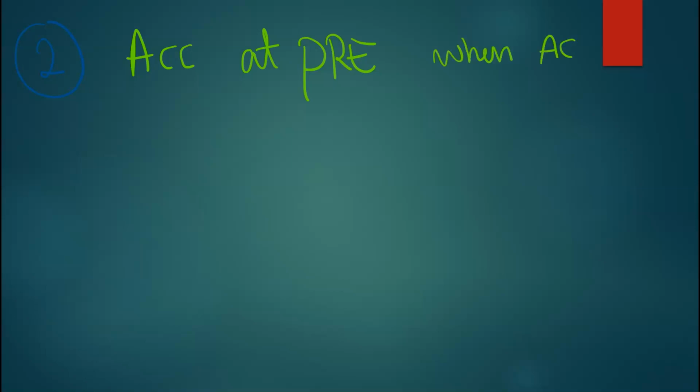So this is my second application. In my second application, I want to turn on my output field device after a preset number of transitions of the input signal, and I want to hold the accumulator value at preset when ACC is equal to preset.